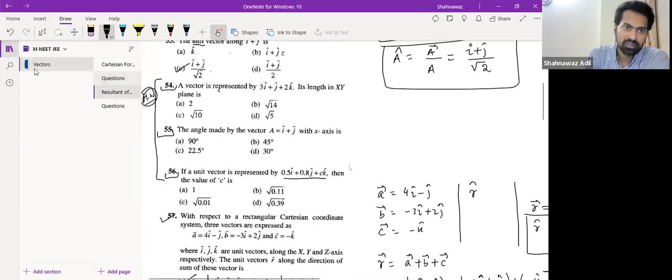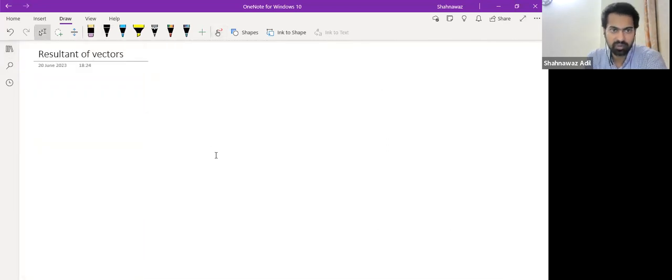So the next topic is the resultant of vectors in the polar form. Let's say you have two vectors, A and B, and the angle between them is given.